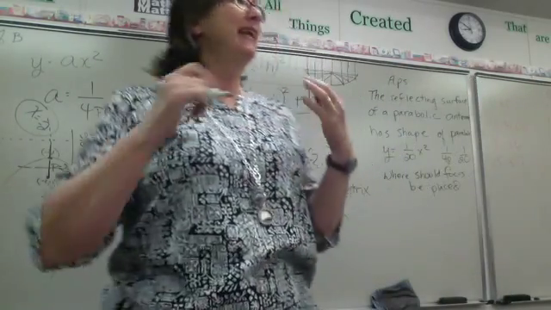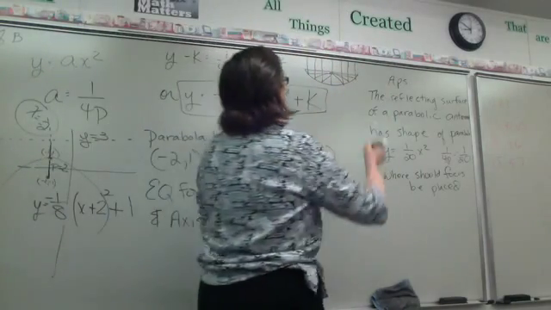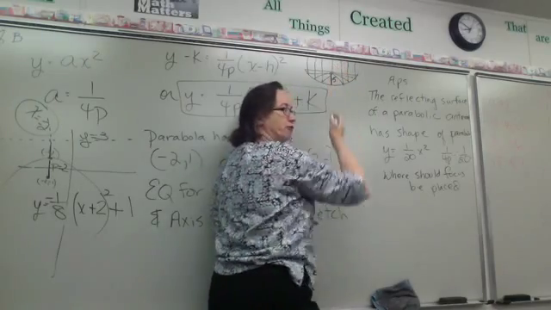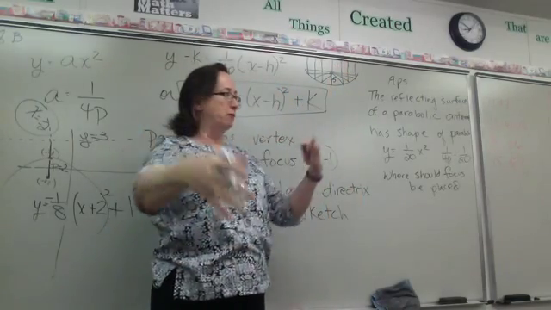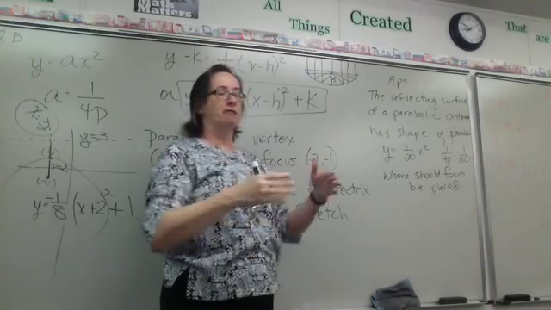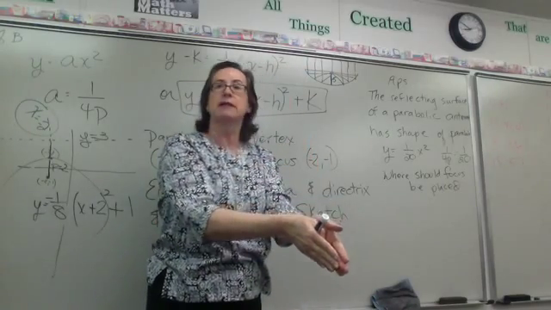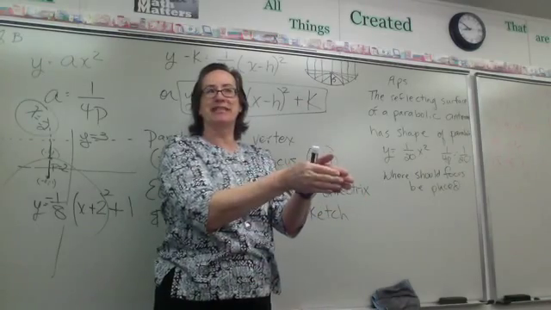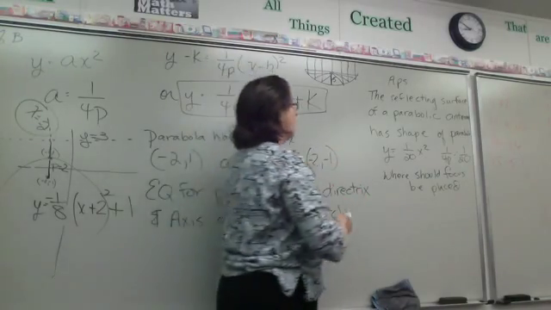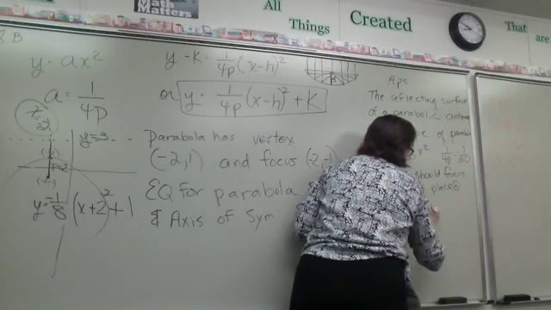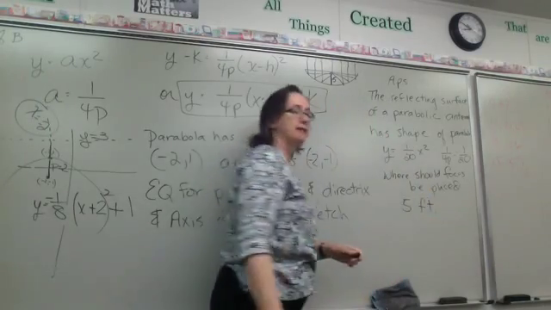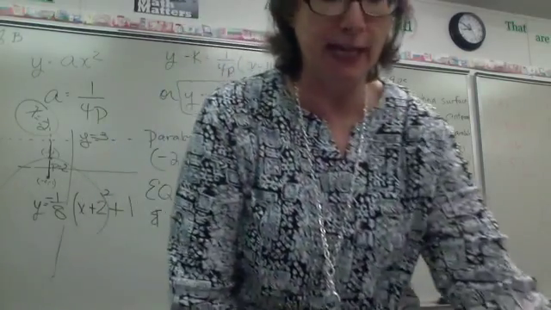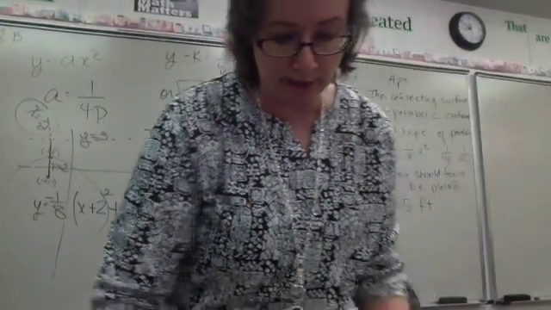So we need to have our focal point 5 feet from the vertex of that parabola, since it's all in feet in the problem, in order for our antenna to receive the data. So 5 feet above the vertex is where it should be placed.